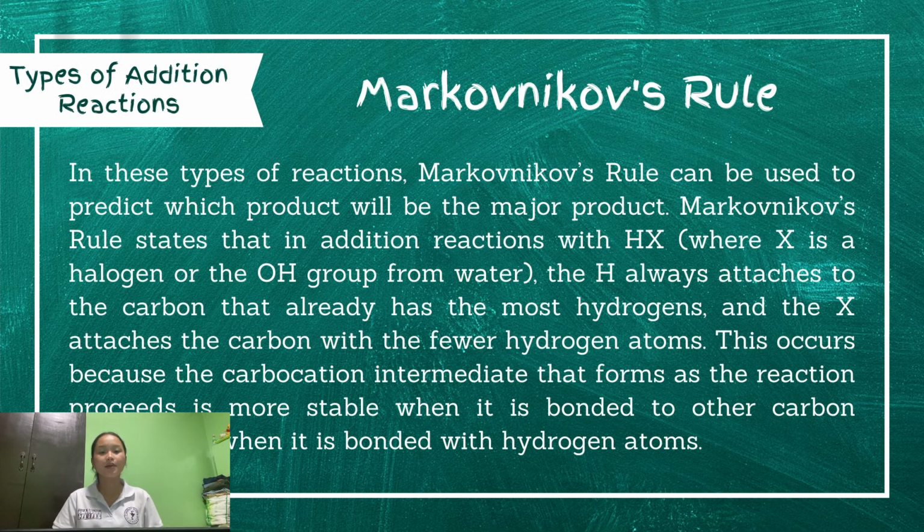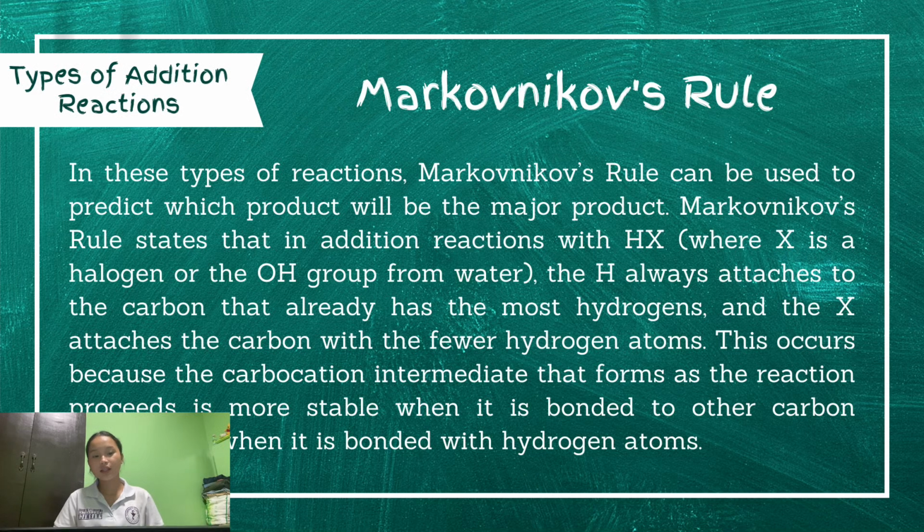In organic chemistry, addition reactions play a crucial role in transforming unsaturated hydrocarbons into more complex compounds. These reactions involve adding atoms or functional groups across a double bond, a characteristic feature of alkenes.